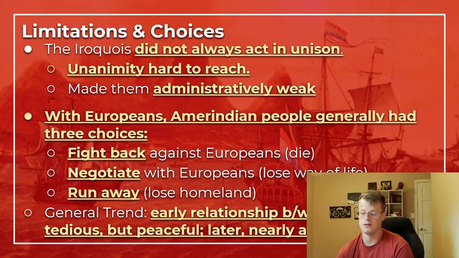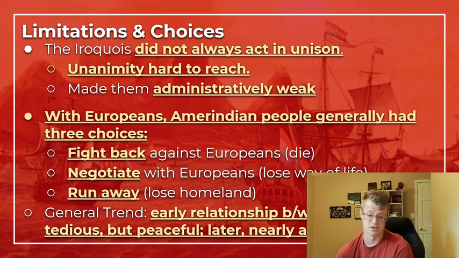But then when Europeans show up, and we'll talk about this more next class, really the vast majority of all Native American groups are going to have three options, and the Iroquois are faced with the same three choices.